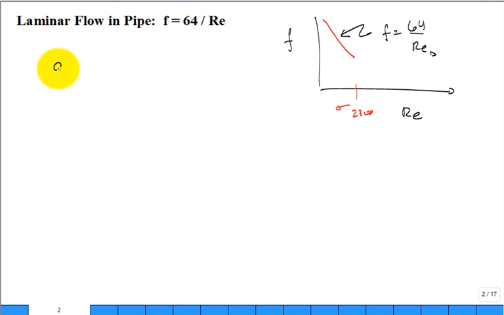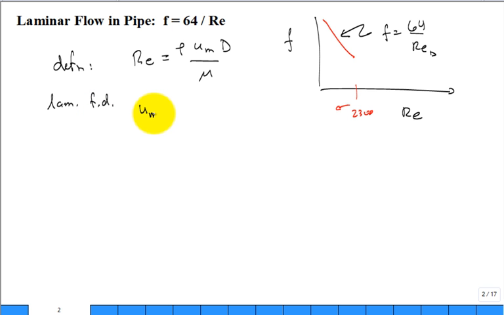So we go back to the definition of the Reynolds number. The Reynolds number is rho u mean d over mu. And last time, for laminar flow that's fully developed, we were able to derive the quadratic expression for the velocity profile. And in that, we were able to get the relationship that the mean velocity in the pipe is equal to d squared divided by 32 mu times minus dp dx.